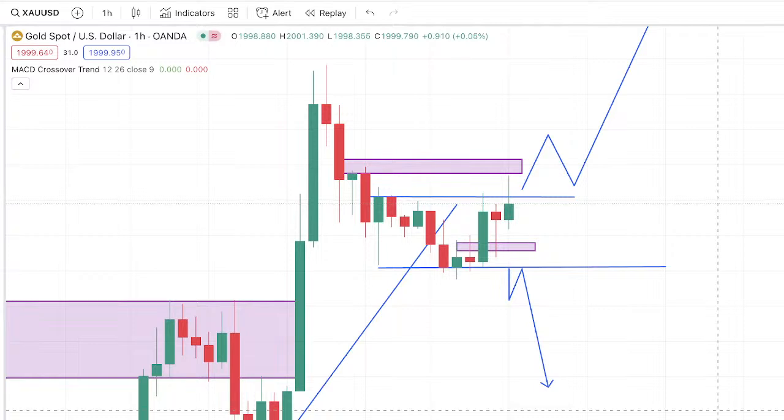So I still see the rejection candle, but I don't know if we're actually going down in this one. Still have to wait.